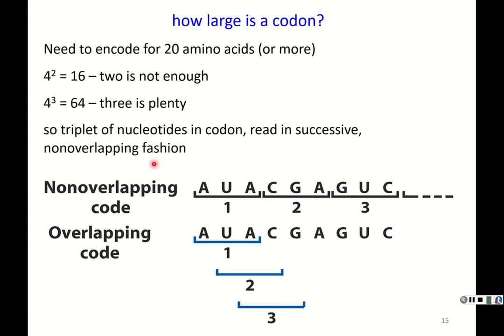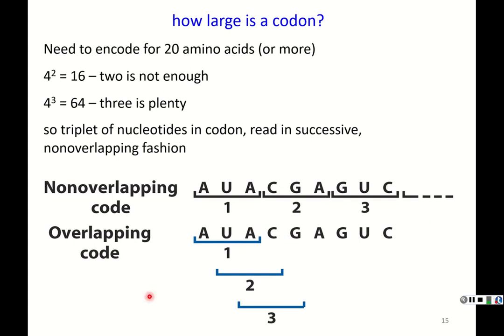But as we've found out since then, it is 3 nucleotides per codon, and it's read in a non-overlapping fashion. That's a pretty important thing to note as well. If we had a string of messenger RNA, the codons would be 1, 2, and 3, and not 1, 2, and 3 overlapping.